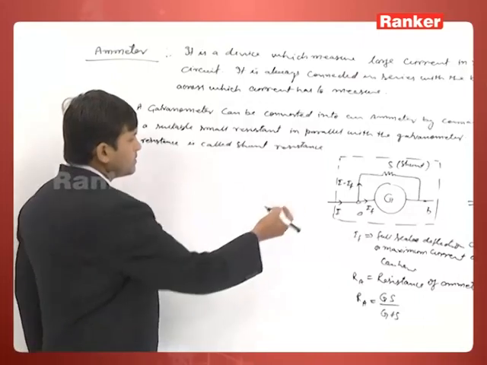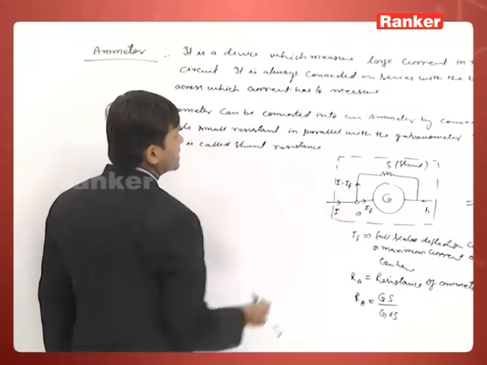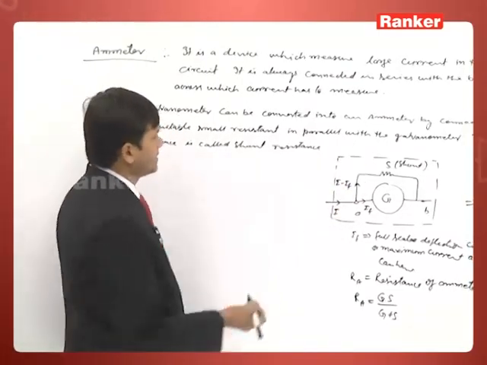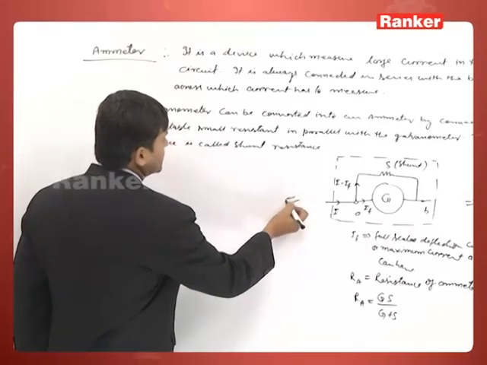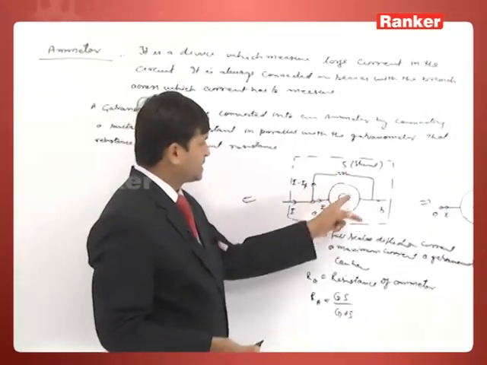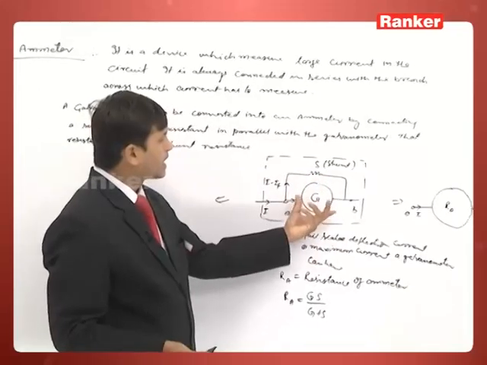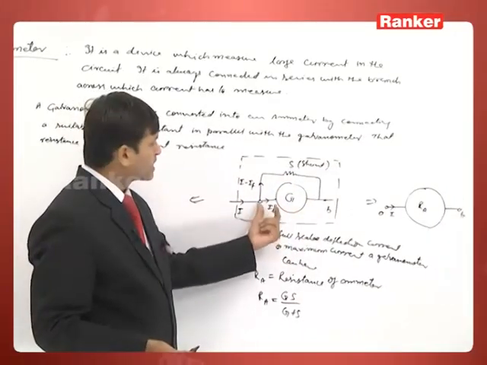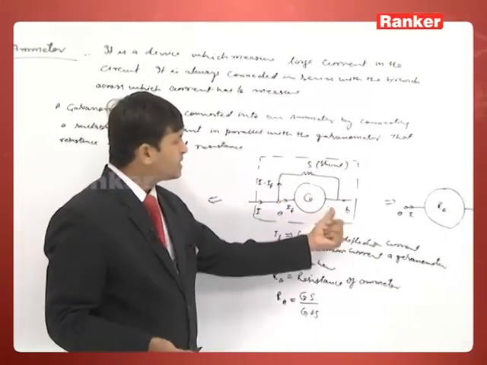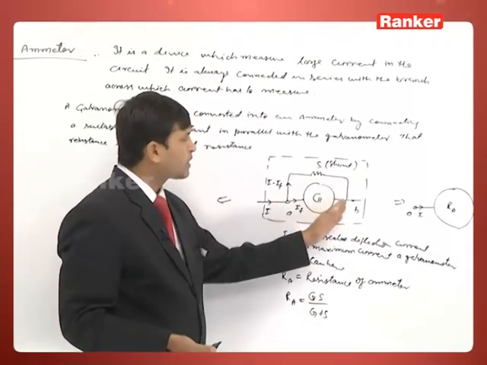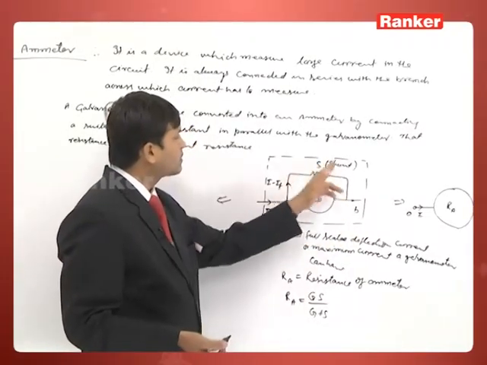So now how do we calculate the required shunt value? See, these two resistances are in parallel to each other, so the potential difference between A and B should be the same, whether we go through this path or through this one.